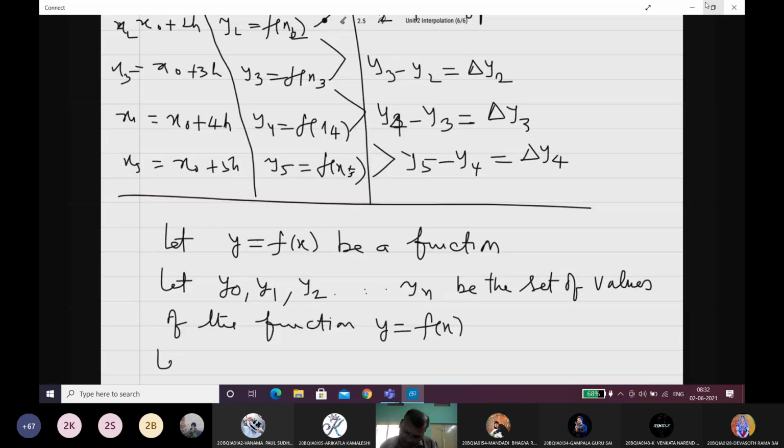And let us define delta x is equal to h, which is known as the interval of differentiating.